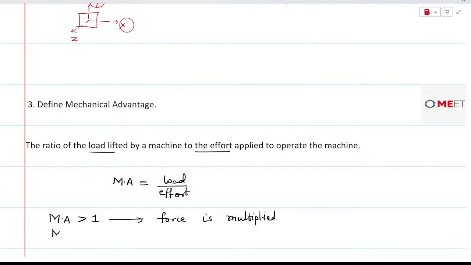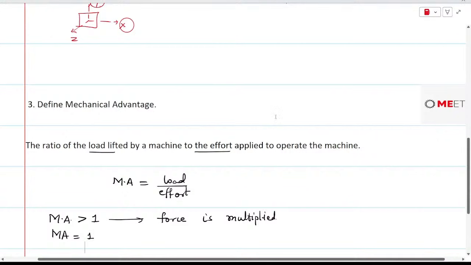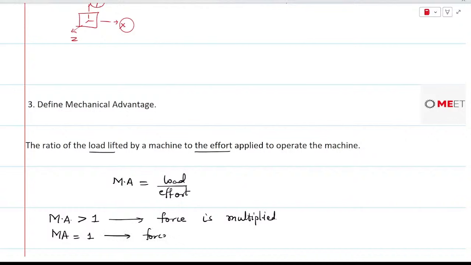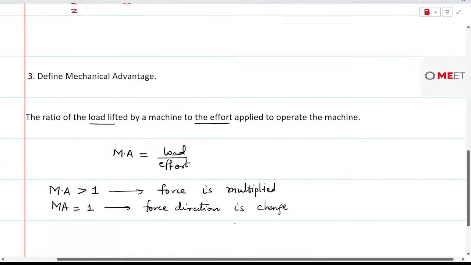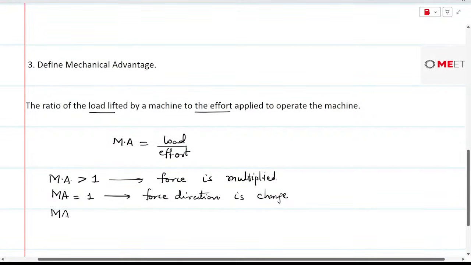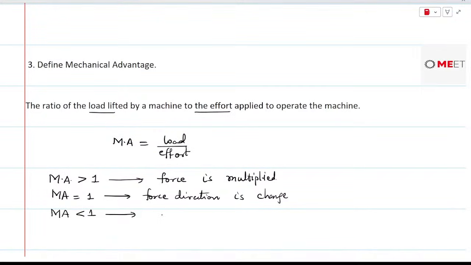If the mechanical advantage is equal to 1, then the force direction is changed. And if the mechanical advantage is less than 1, then it is not force multiplication, it is the speed multiplication that happens in the bicycle. This is resulting in speed multiplication.